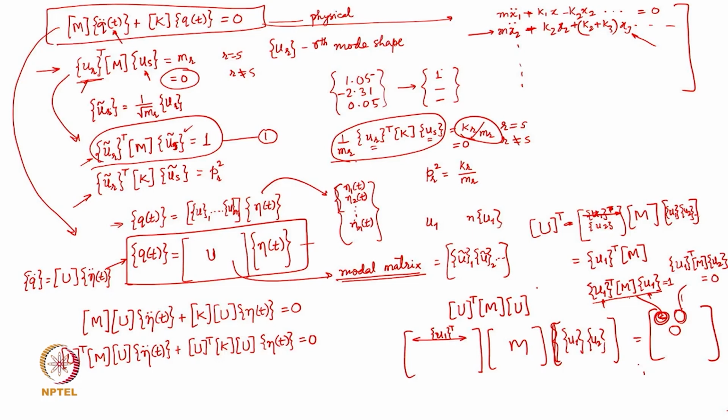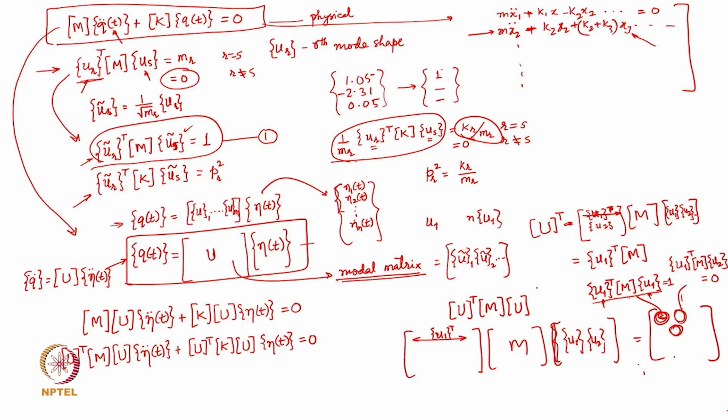In that sense, all other off diagonal elements where R is not equal to S are going to be 0. And whenever the two vectors are identical, the second diagonal element U2 transpose mass matrix times U2 is going to be equal to 1.